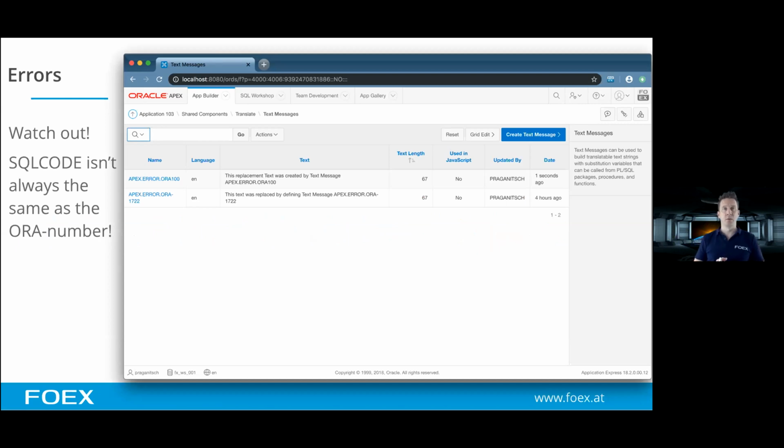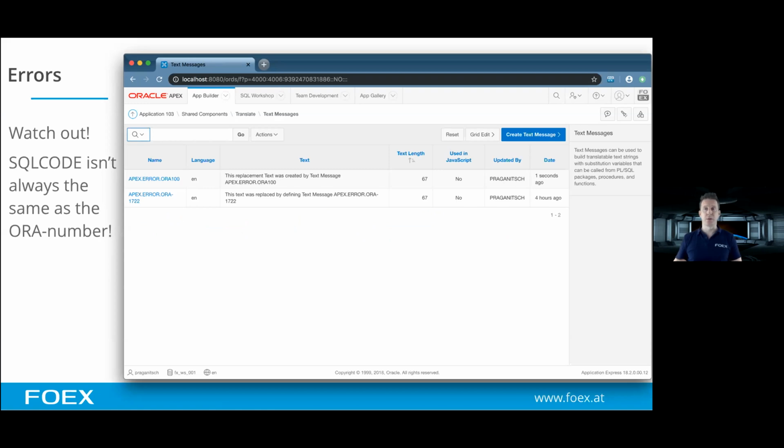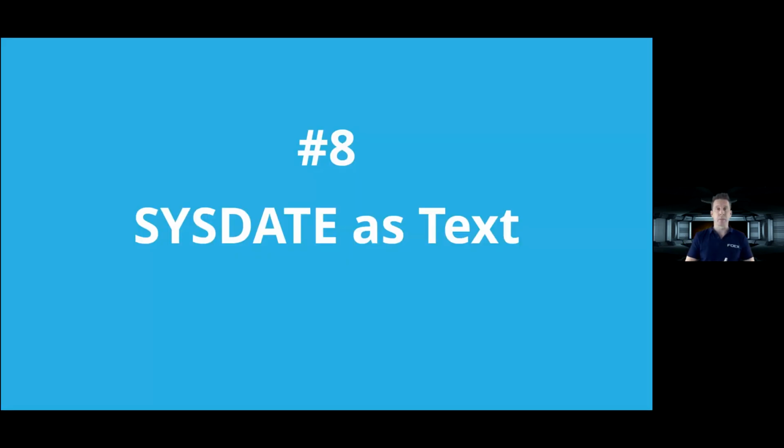I defined two text messages, one to catch no data found and the other one to catch invalid number. And once those messages are defined, Apex will show it accordingly. Sorry, there's a screen missing for that, an example. But that's a really nice thing to do.